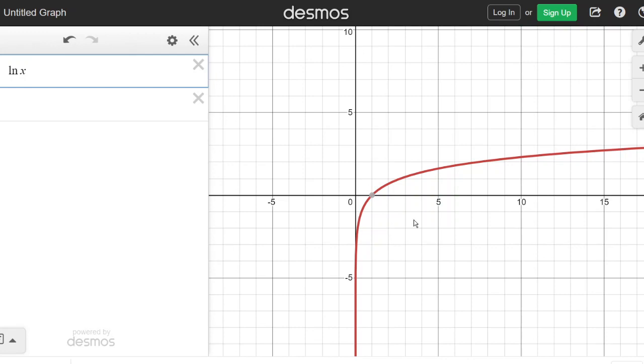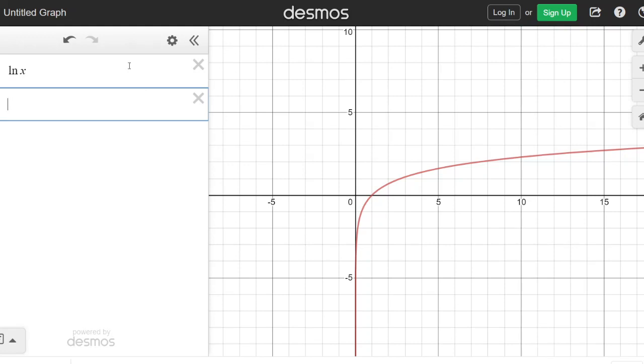Now listen to me carefully. I'm going to say one thing. The slope of the tangent line to the graph of natural log of x at this point, at the point with x coordinate of 1 and y coordinate of 0, the slope of the tangent line is equal to 1. So maybe the same as last time, I can draw you the tangent line.